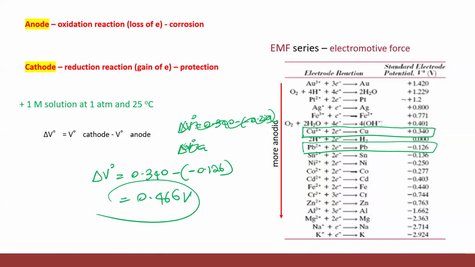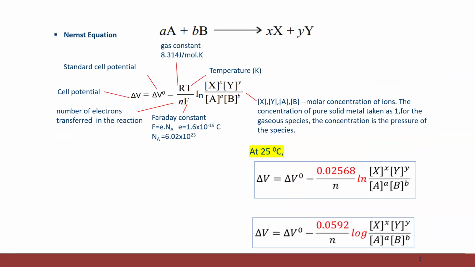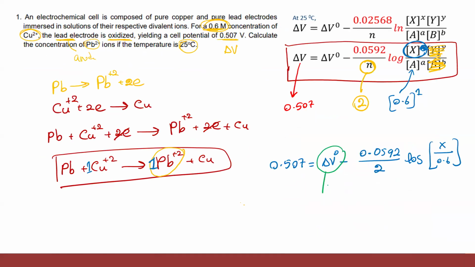Okay, now let's put that in our equation. This one we found, 0.466. Now you know everything. You need to make the X the subject. You guys should be okay with the maths part. Can I give you a few minutes to solve this?